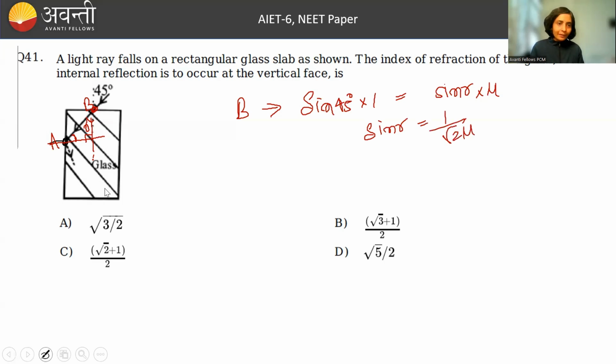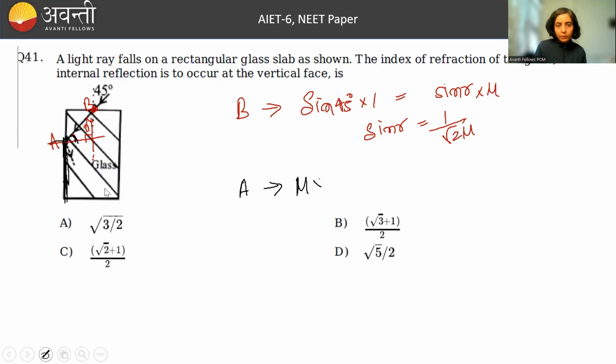Done. Now let's write the Snell's law equation at point A. So at A, what is happening? Total internal reflection, and here the angle of incidence should be such that at least to that level, the refracted light can graze the surface. So for critical angle, we will solve this question. Suppose this angle is 90 minus r.